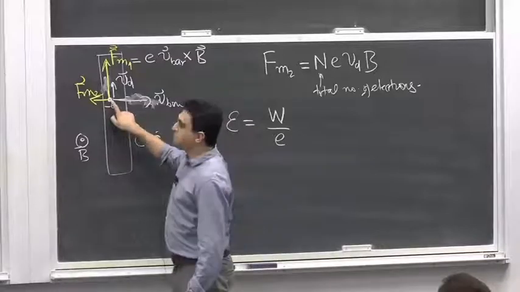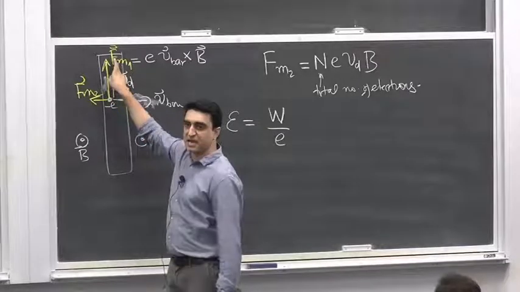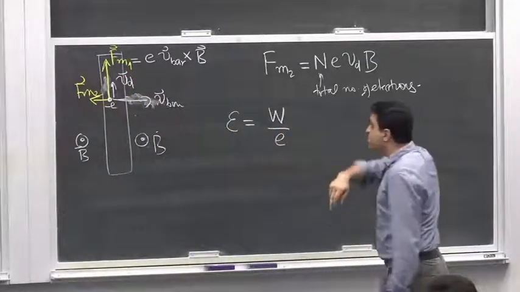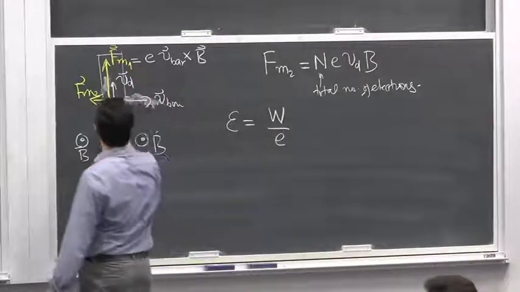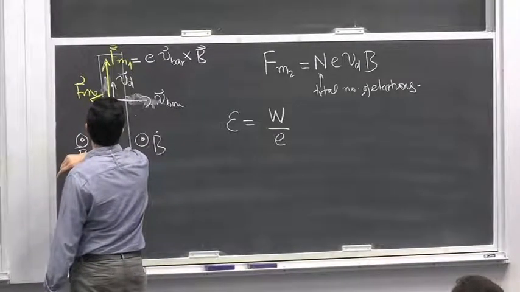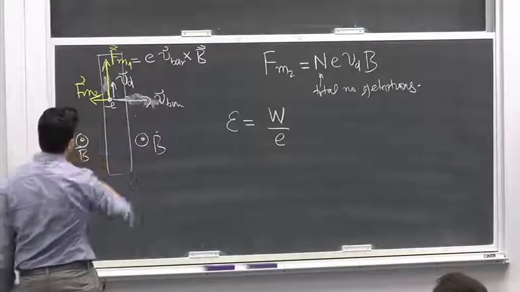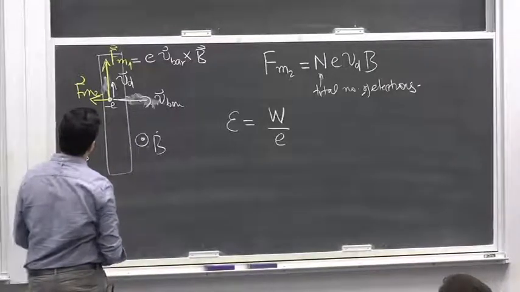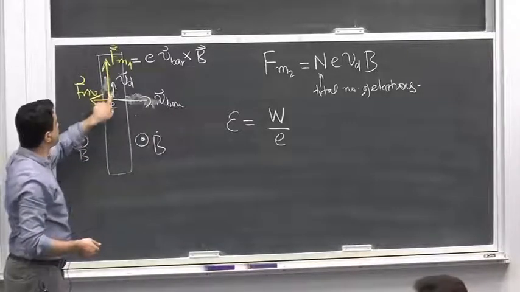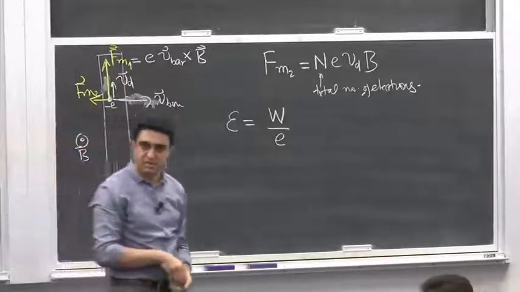Let's see. If you consider this path, you have created a velocity in that direction by applying a magnetic force in that direction. True? But what about this force? The particle is moving in that direction, the force is in the same direction, so you would have a positive work along that direction.